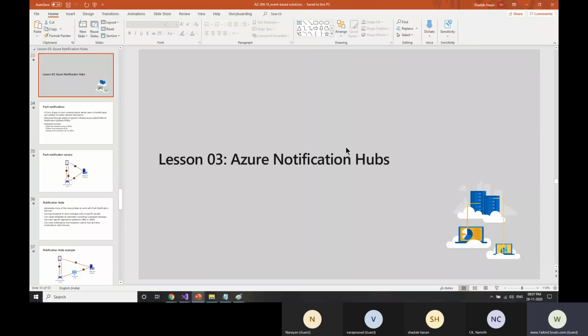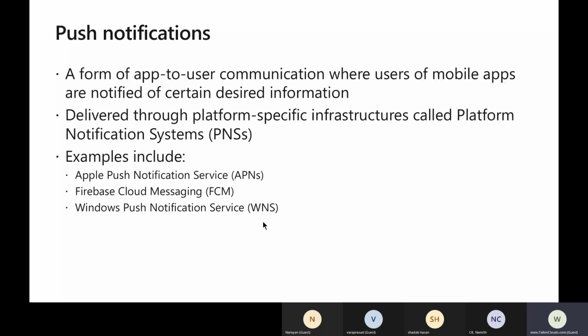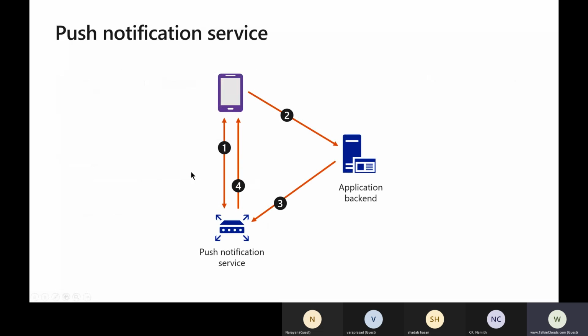So how does that work actually? If you talk about Notification Hub, this is a push notification service from Microsoft, which you can go ahead and configure. Generally, you have the mobile device and your push notification service.